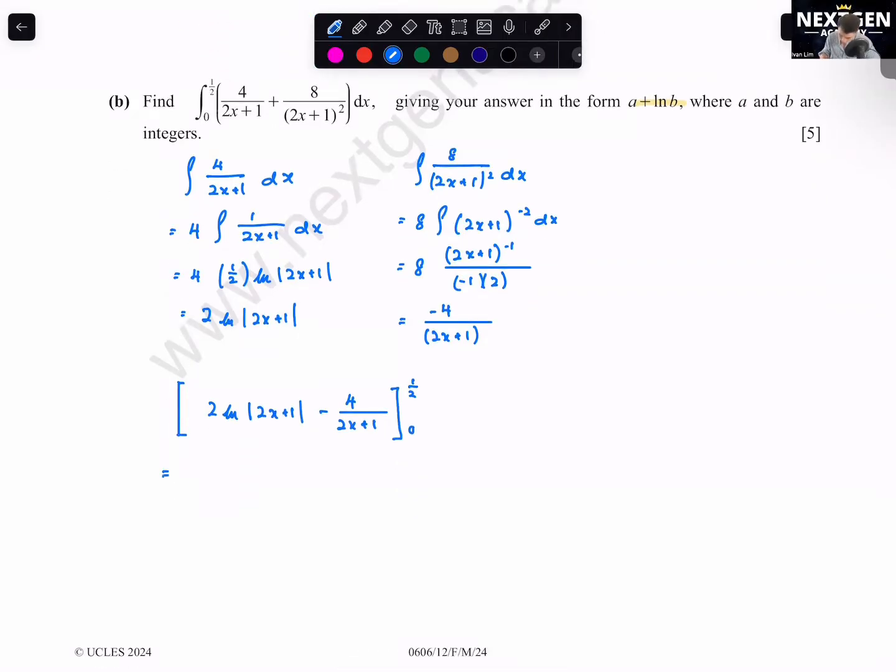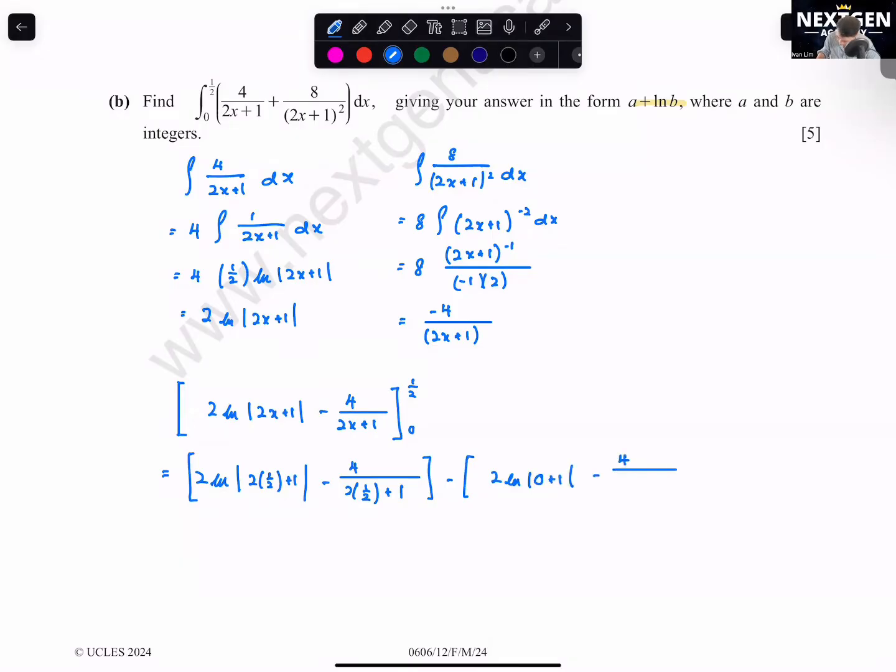So here will become 2 ln 2 times 1 over 2 plus 1 minus 4 over 2 times 1 over 2 plus 1, minus 2 ln, okay, this one I just write as 0 plus 1 minus 4 over 0 plus 1.